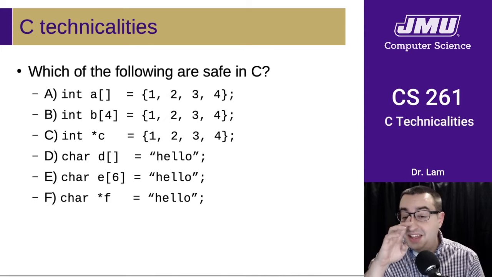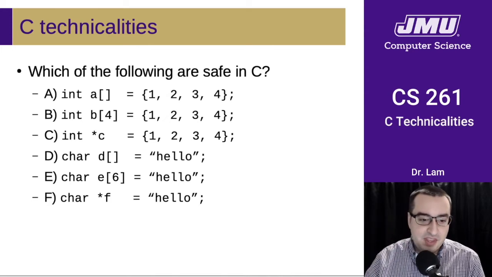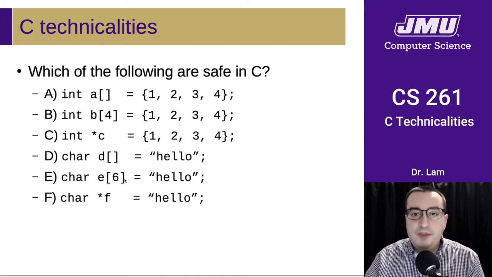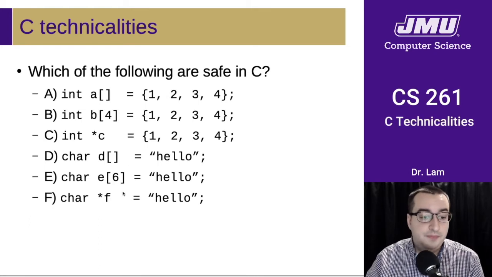Okay, so this is pretty interesting. Your first inclination, hopefully, was that the ones where you're giving an explicit bound are going to be safe, and that is true. So here we are explicitly saying we want an array with 4 integers, and here are the integers. So that's safe. We've seen that before. Here we're saying, I want an array of up to 6 characters, and we're initializing it over here.